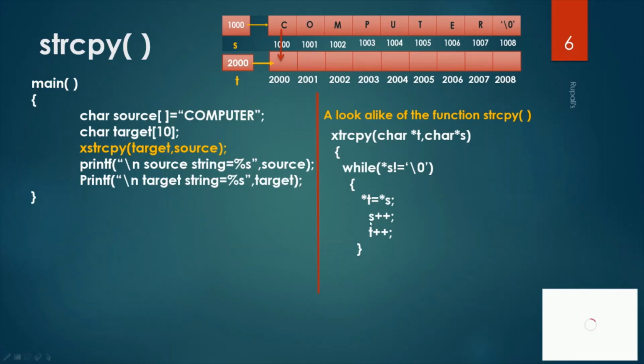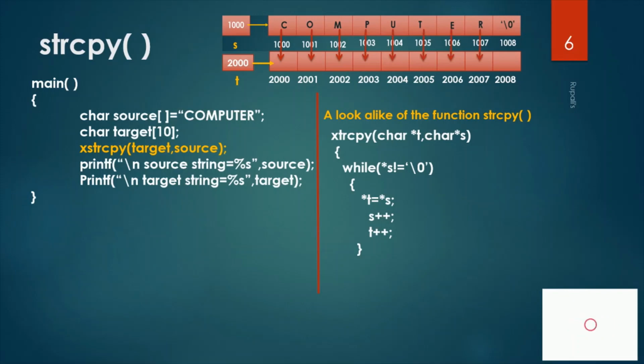So increase s, increase t. In this way you have to continue. Is the next *s \0? No, it is O. So copy *s to *t. Now increase s, increase t. They come to the next location. In this way this will continue till the value of *s is \0.